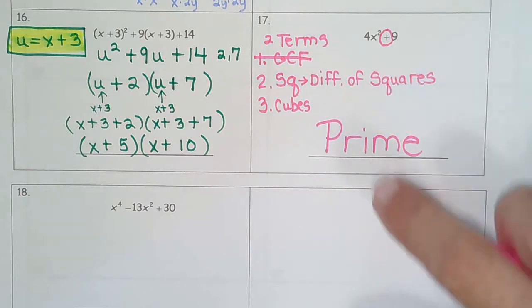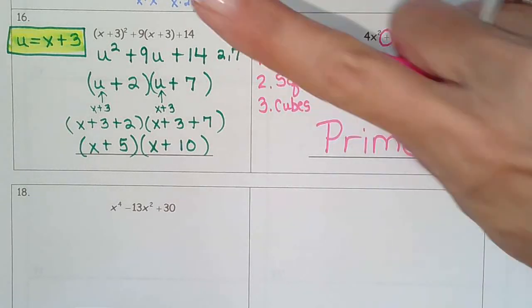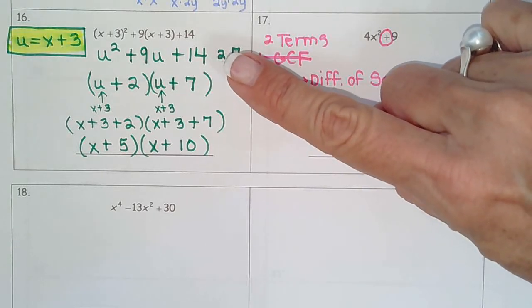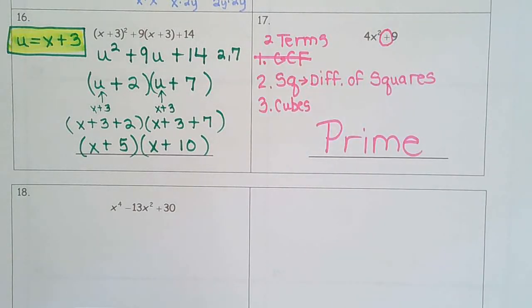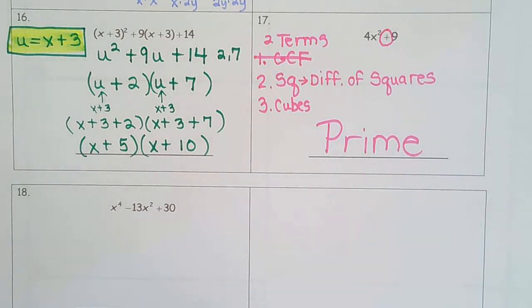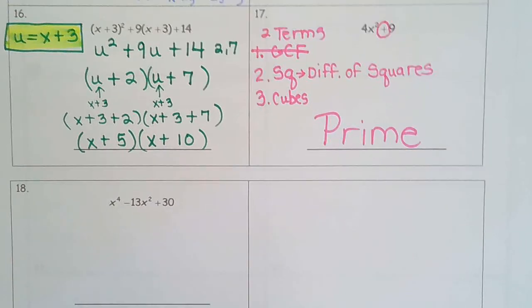So if it's plus, and you can go back and look at your 8.7 notes, if it's plus, we don't know how to factor it. So I will put 1, everybody listening, 1 prime on the test. So don't write prime 53,000 times. There's 1 prime on the test. And the reason it's prime is because it's a plus sign.